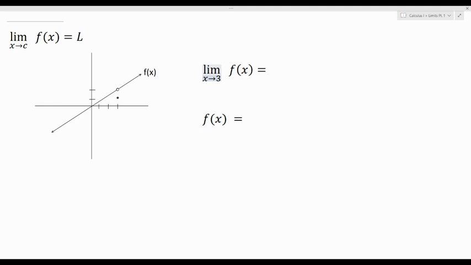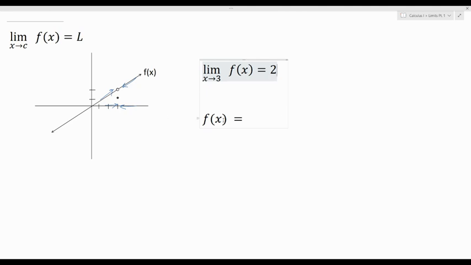As x is approaching 3 on the curve, we're moving closer and closer towards where that open circle is. So the limit as x approaches 3 for f of x would be 2. As x gets closer and closer to 3, f of x gets closer and closer to 2.